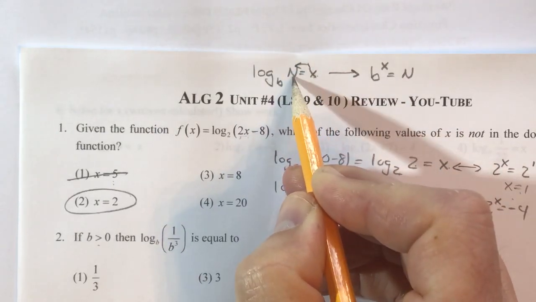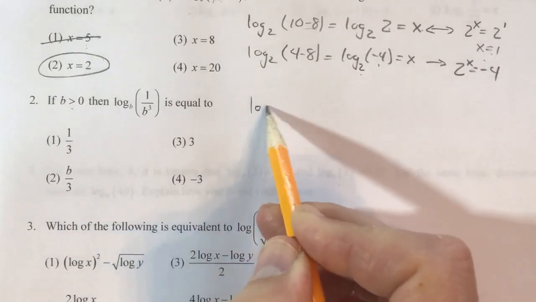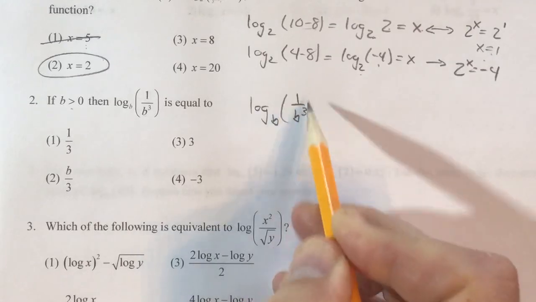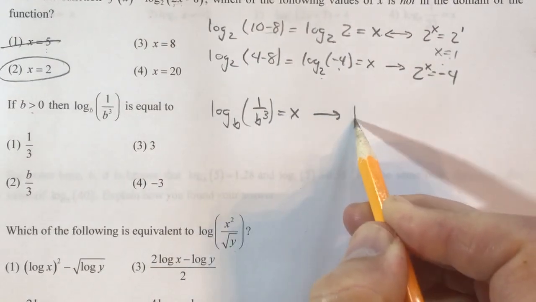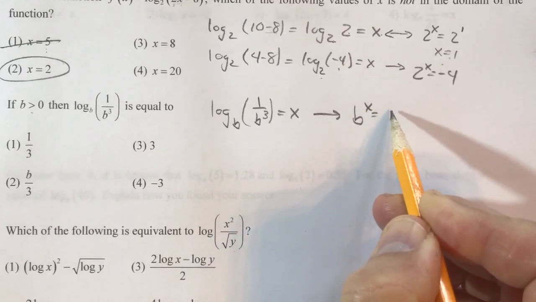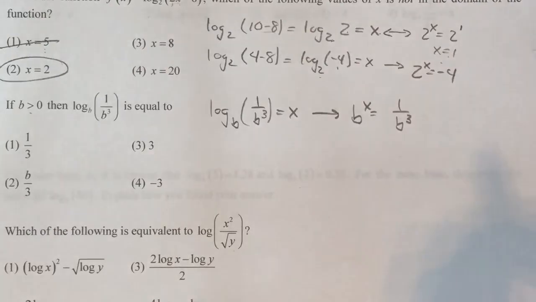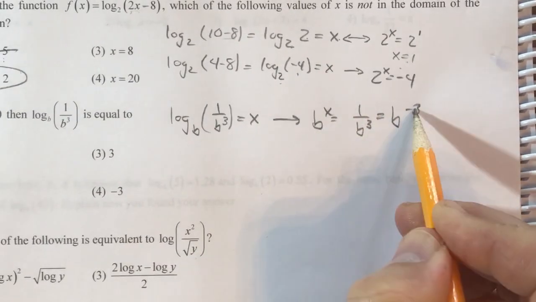I could put y there if you like, switching them around. That's what I'm doing here. So log base b of 1 over b cubed equals what? We don't know. I'm going to convert it. b to the x equals 1 over b cubed. And this is where I say you need to know exponents, because what is this? This is b to the negative 3. So x is negative 3.